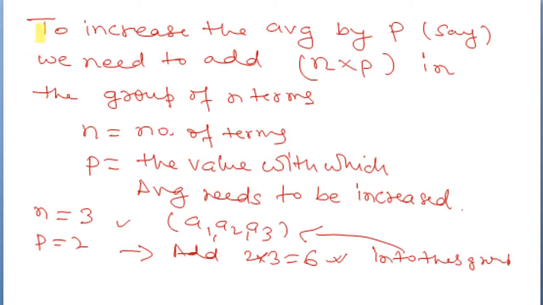To increase the average by a value p, say it may be 6, 5 or anything, we need to add n into p in the group of n terms, where n is the number of terms and p is the value by which the average needs to be increased.